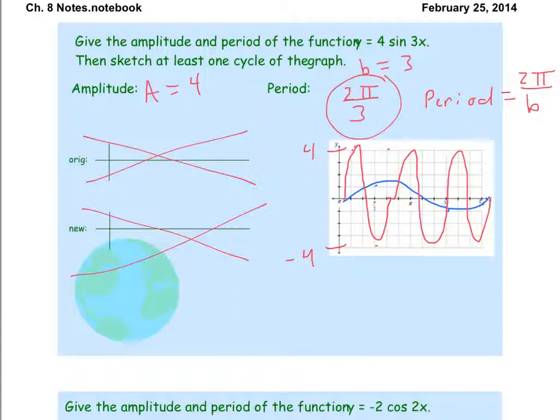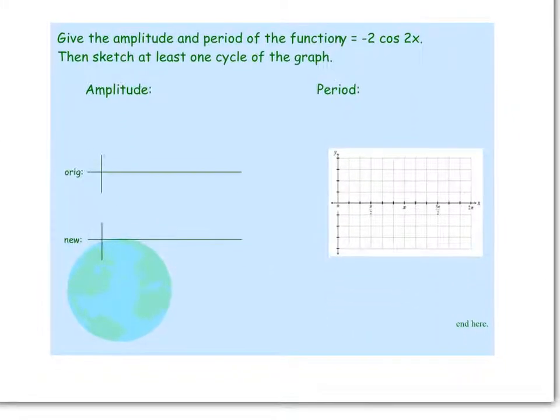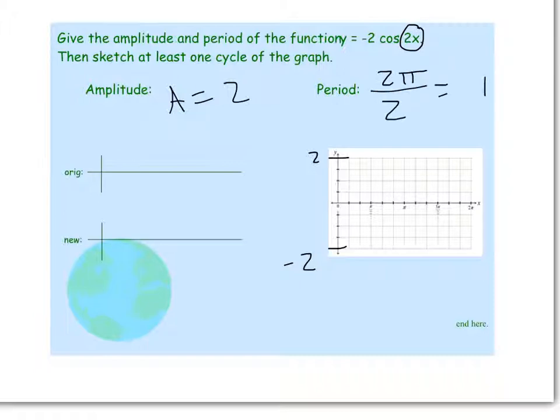Okay? Let's look at another one. -2 cosine of 2x. Okay, this is going to stretch the graph out to 2 to -2. Okay, but again, I want to pay really close attention to this value for b. 2 pi over b is the period, so for this graph, its period will not be 2 pi, it'll be pi.